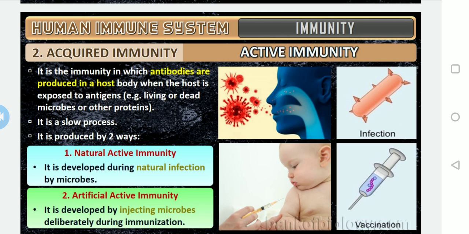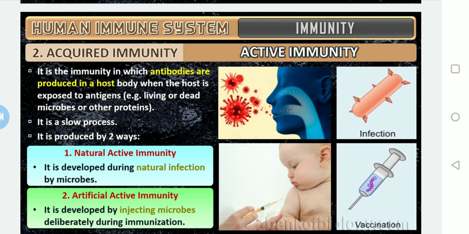It is produced in two ways, that is natural active immunity and artificial active immunity. What is natural active immunity? It is developed during natural infection by microbes. Generally, children naturally play in the soil. Due to the natural exposure to microbes, they naturally develop natural active immunity.